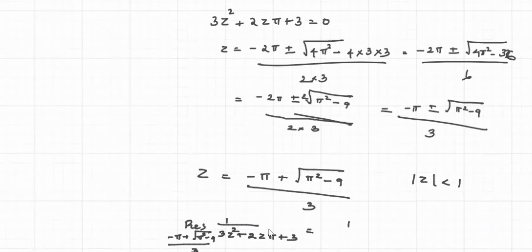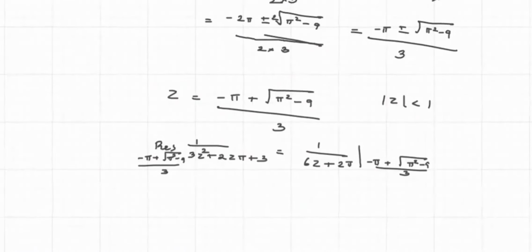We are considering it in the form of p by q. Since this is a simple pole, the residue is given by p by q dash evaluated at the point minus pi plus root of pi square minus 9 by 3.